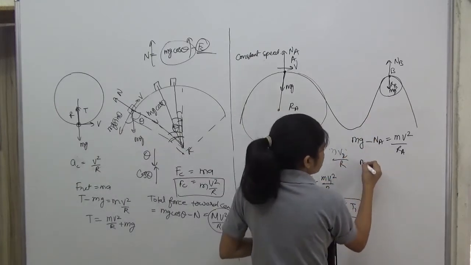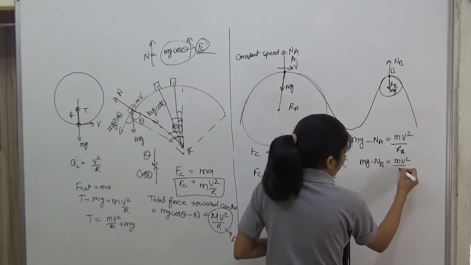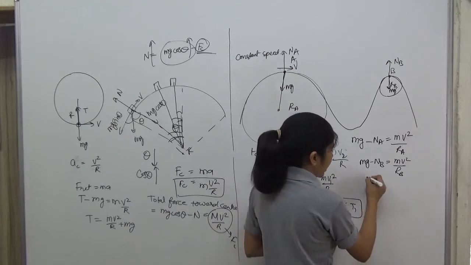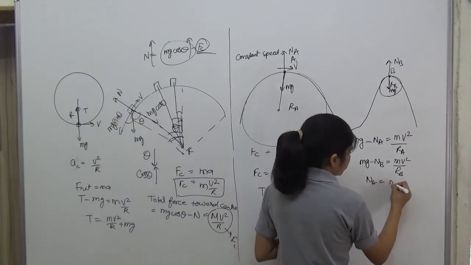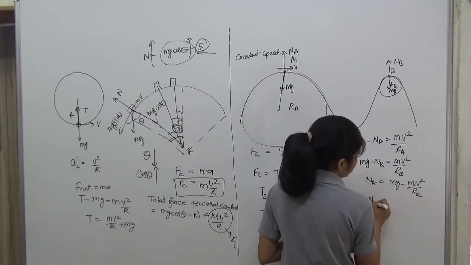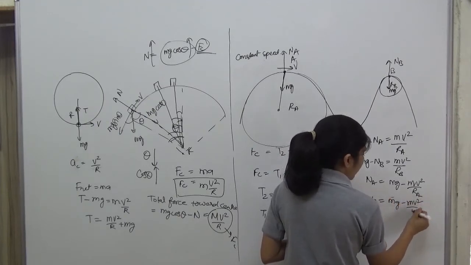Similarly, mg minus NB is equal to m v square by RB. So for relating NA and NB, NA is equal to mg minus m v square by RA, and NB is equal to mg minus m v square by RB.